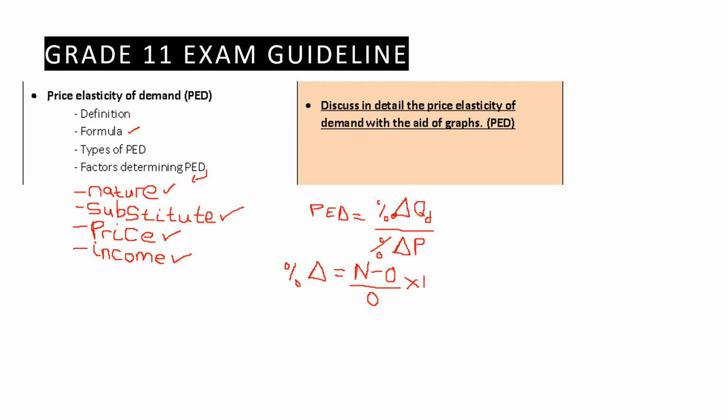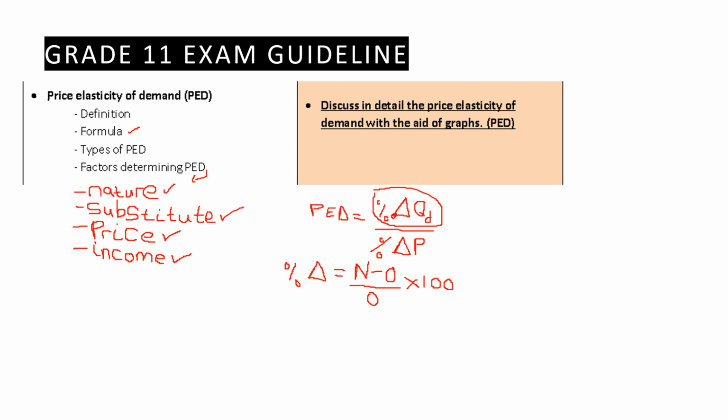Your answer is going to be a percentage change. For quantity demanded, you say new quantity minus old quantity divided by old quantity times 100.